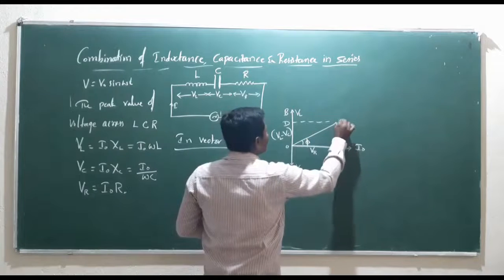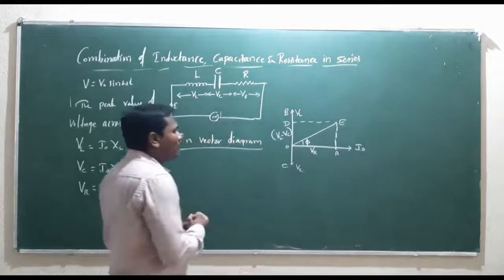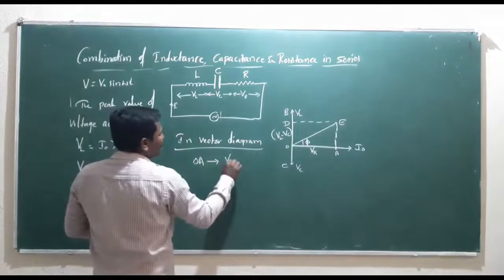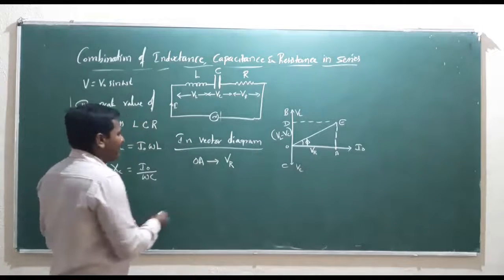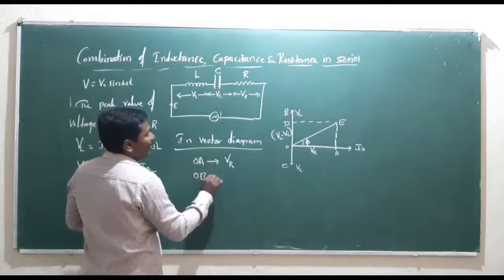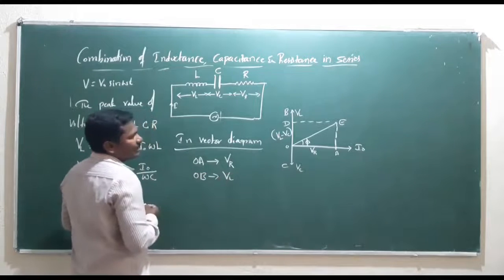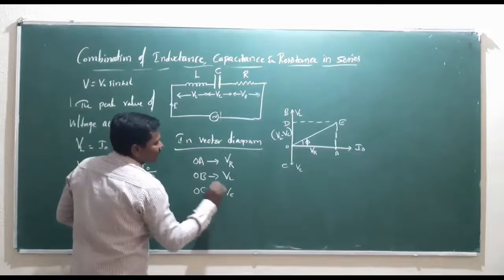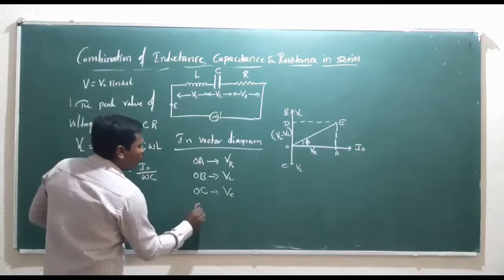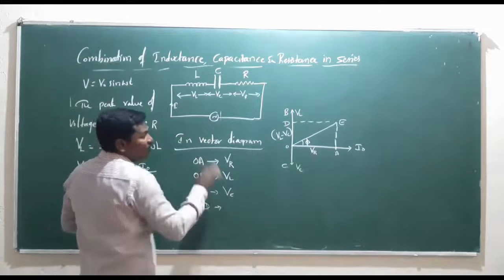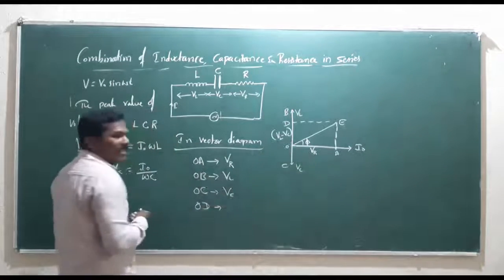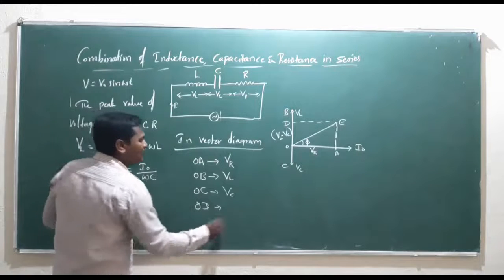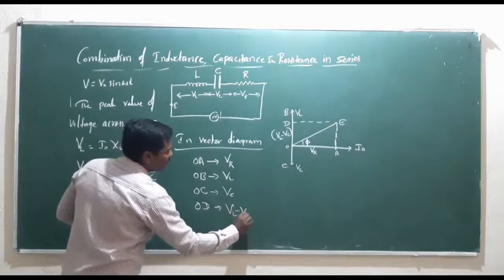And this represents OE. Now OA represents the voltage across the resistor along the x axis. OB, VL, voltage across the inductor. OC, voltage across the capacitor. OD, a resultant voltage of the voltage across the capacitor and the voltage across the inductor, can be represented by VL minus VC.